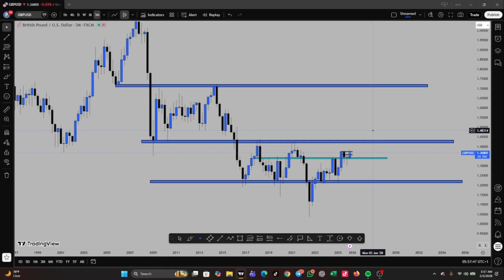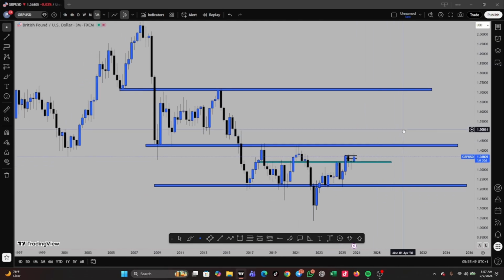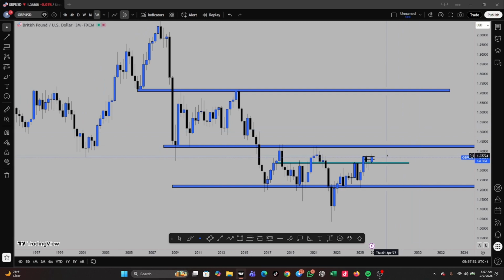If you watch the last analysis video I dropped, you will see that I'm now bullish on GBP USD. GBP USD has really been trading between this big support and resistance, and it's already showing signs of bullishness. So we break out from this minor resistance, we retest.